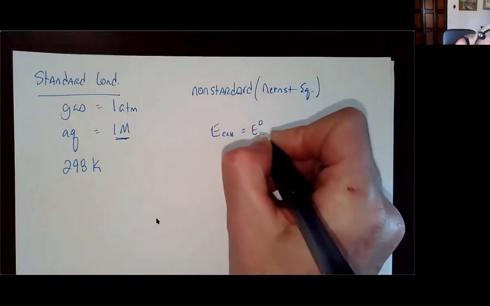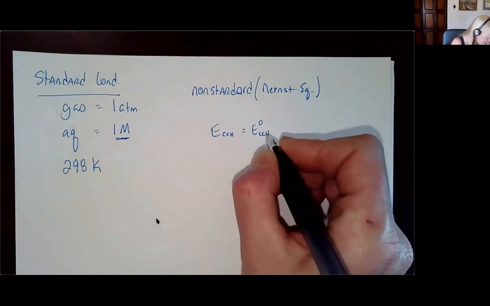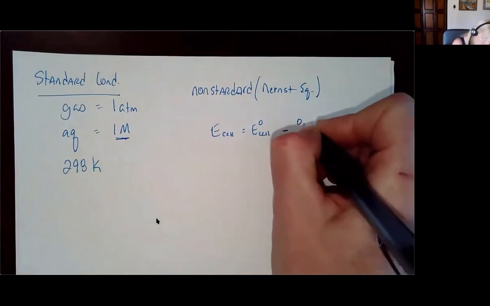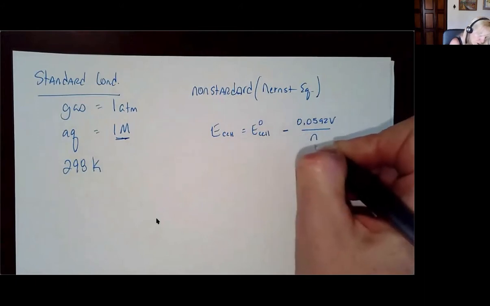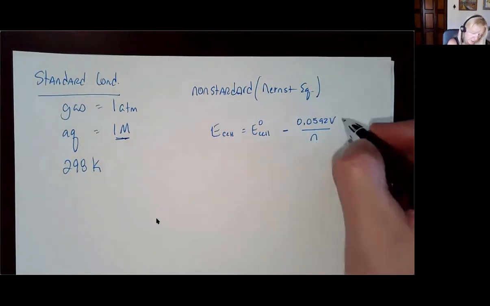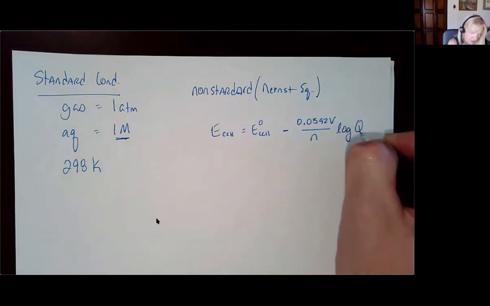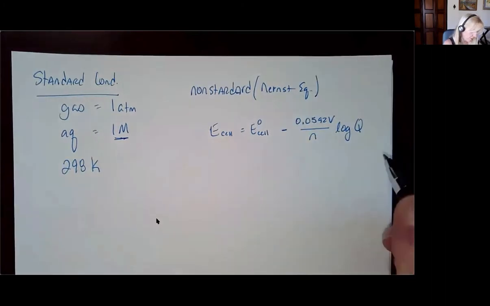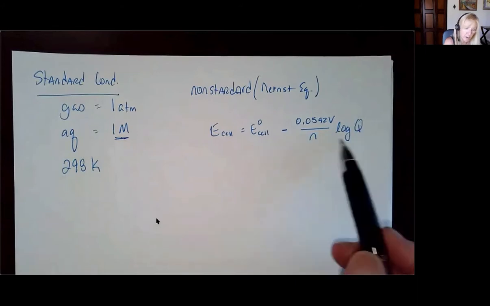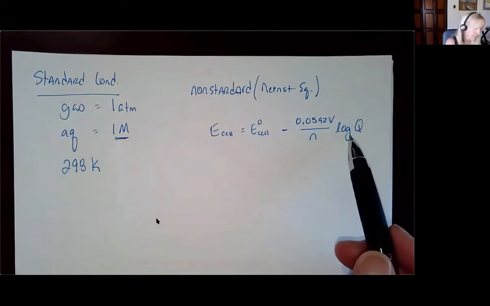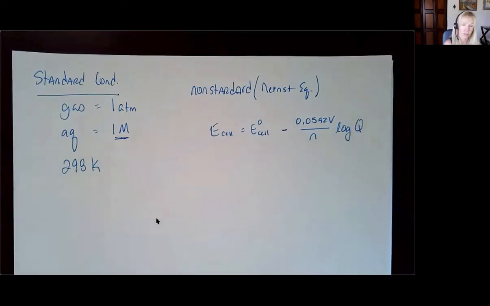So here's my cell under standard conditions, and then I'm going to subtract this value here. Volts over N, where N is my moles of electrons that are being transferred, log Q, and Q is my reaction quotient. So that's going to allow me to take these non-standard conditions and plug them into here. That's going to also tell me which direction the reaction is going.